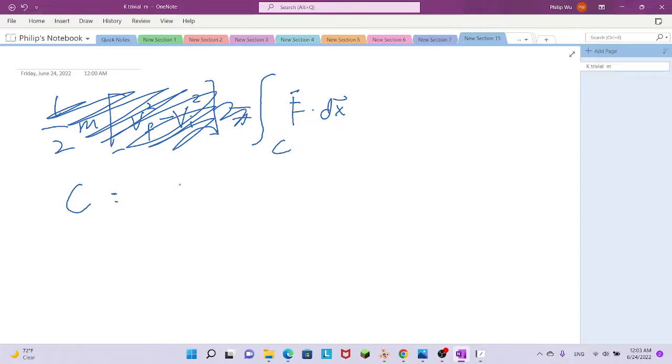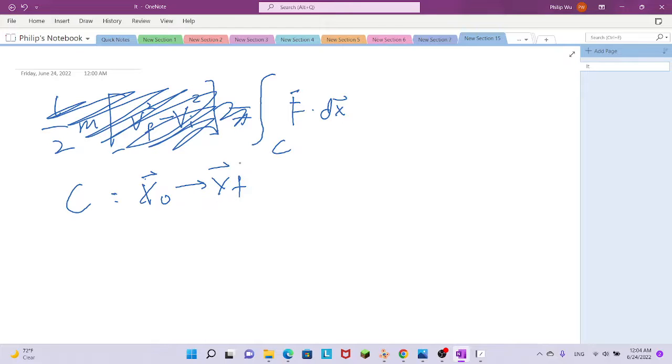But pretty much, it's traveling along some path C, and C connects two points. It connects point x0 to point xf, and it's oriented in the direction of x0 to xf. To simplify things, we can represent these points as vectors in space.